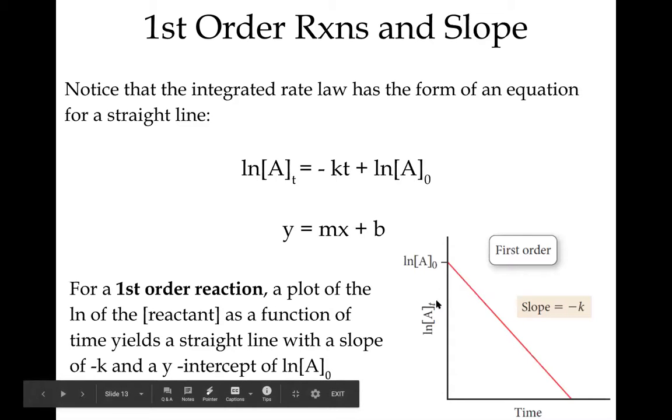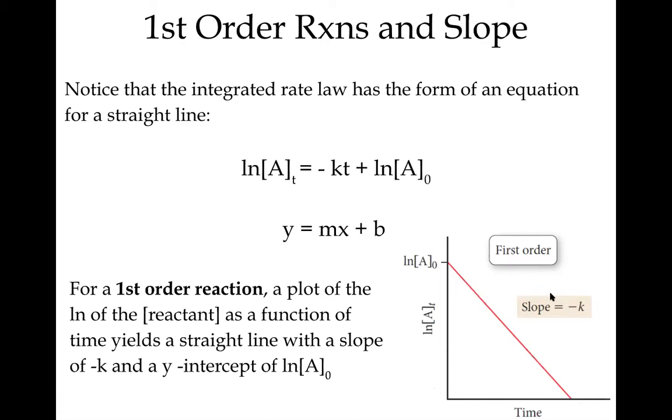The natural log is on the y, time is on the x, the slope is equal to negative k, and the y-intercept up here is the natural log of the initial concentration.